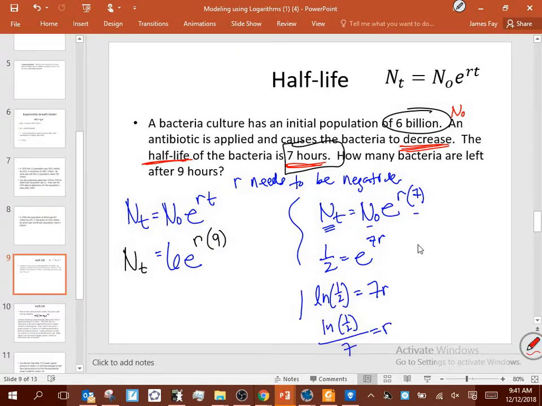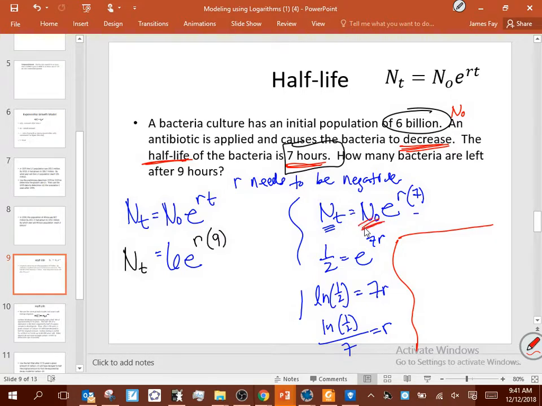So right now we have our value of r. If you were to evaluate that, you're going to see that when I take ln of 1/2, I believe it gives you like negative 0.69 or something like that. Divide that by 7, it's going to be negative, right? So r becomes negative. What I want you guys to understand is ln of 1/2. No matter what I start with here, if I'm doing a half-life, that is always going to be a 1/2, right?